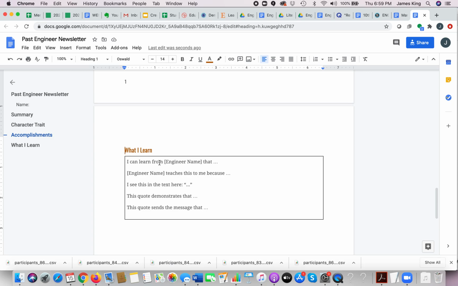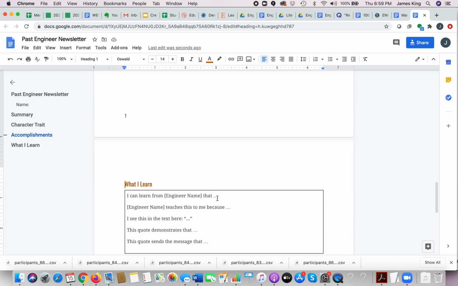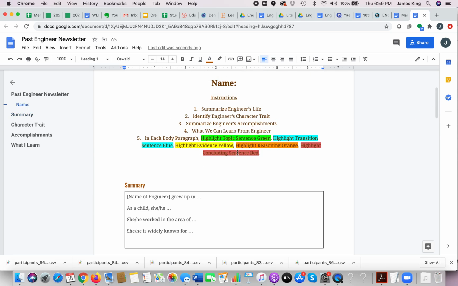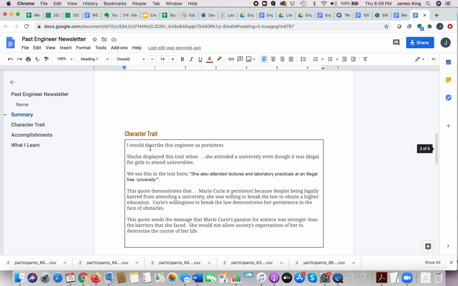You could learn that from her because she had an idea of how to treat tumors with radium. And that was really hard to do, but she went for it and it worked. Right? And of course, I would use this highlighting system to highlight each sentence of my paragraph like it should be.